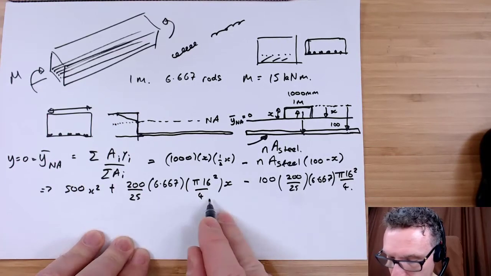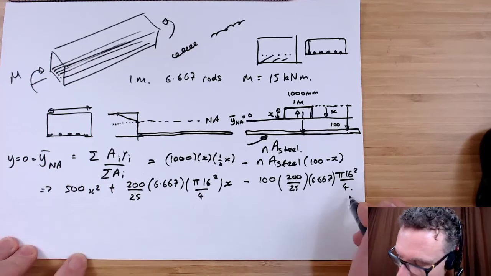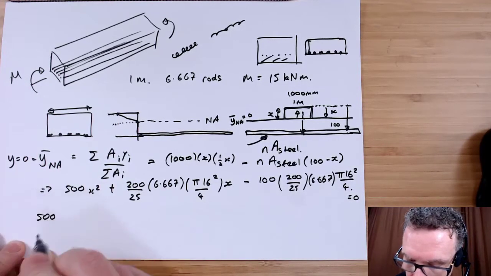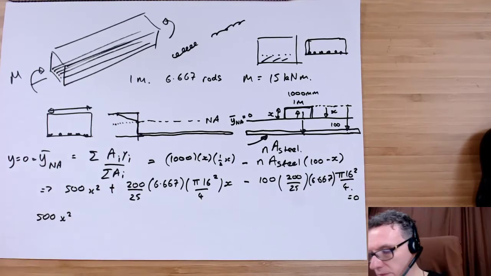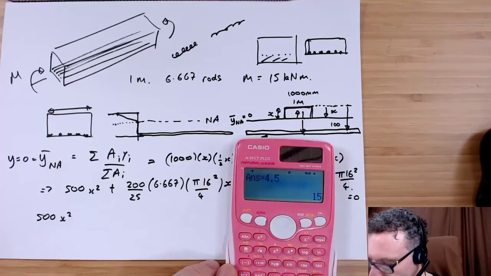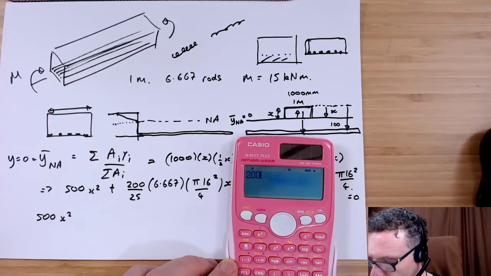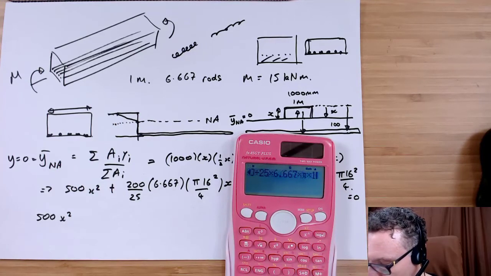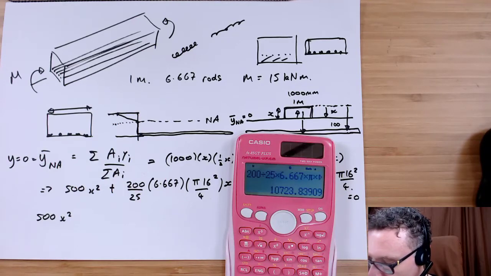So let's find out what that number is. And that equals 0. So we've got 500 x squared, 200 divided by 25 times by 6.667 times by pi times by 16 squared divided by 4.